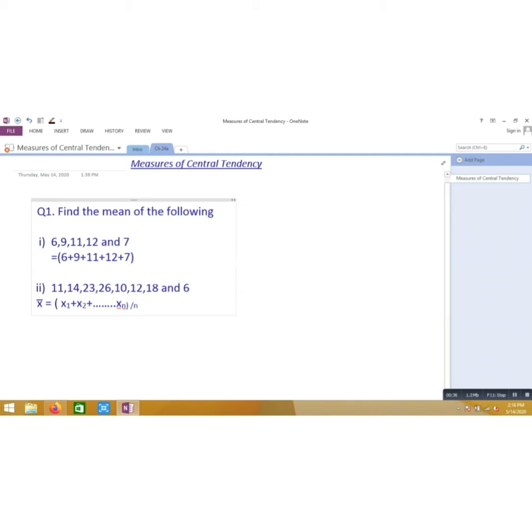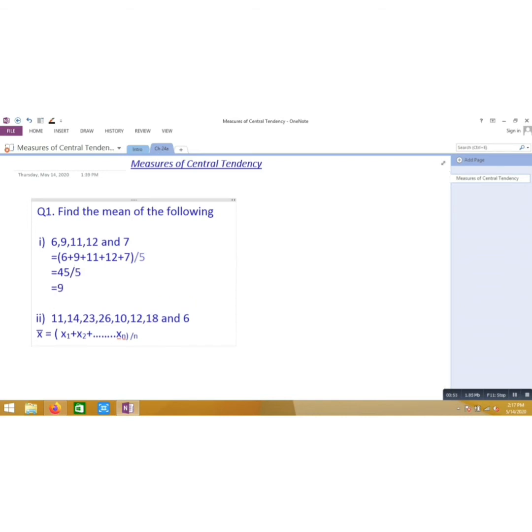That gives us the arithmetic mean, 45 by 5. So 9 is the arithmetic mean.